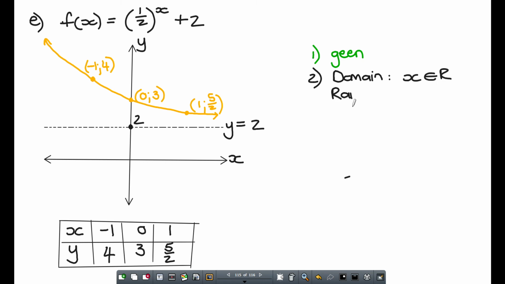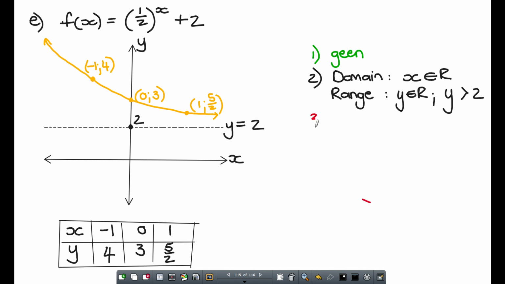Range, your range, we also say y is an element of real numbers, but y must be greater than 2. Greater than 2, not equal to as well. It may never be equal to that asymptote.